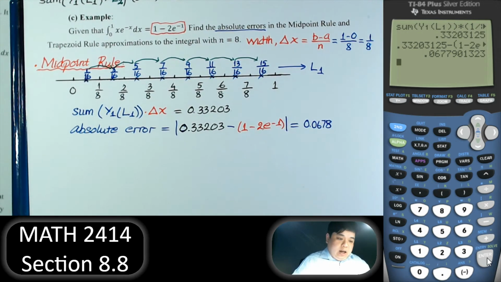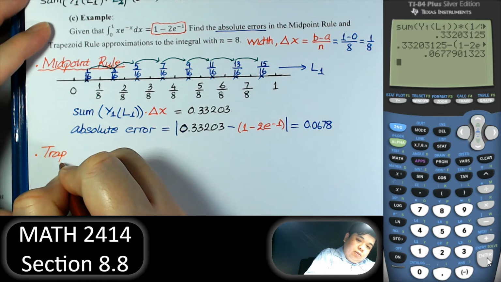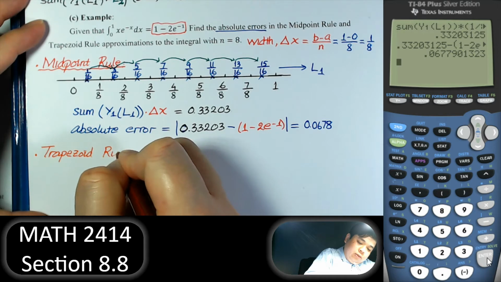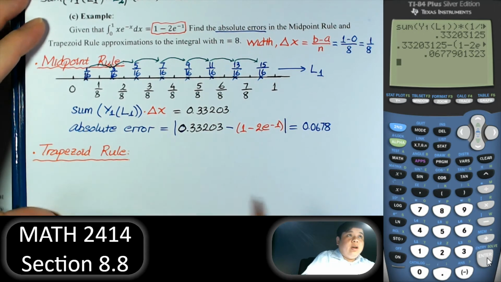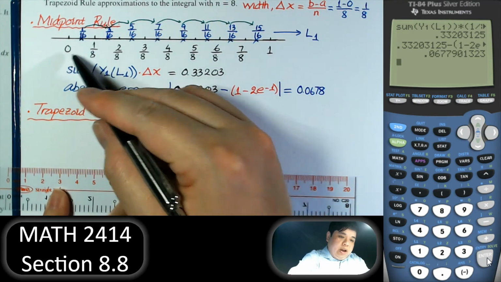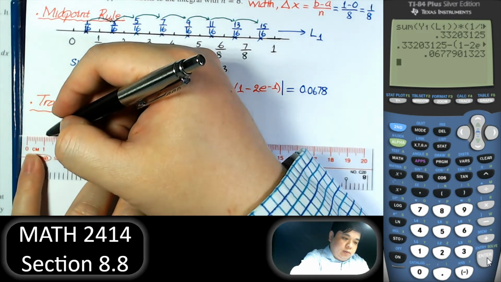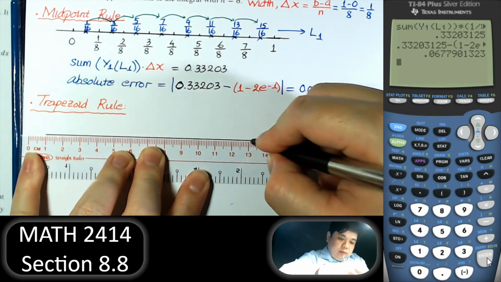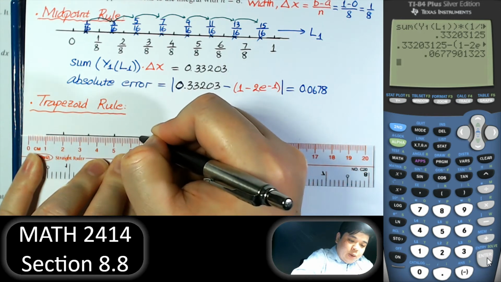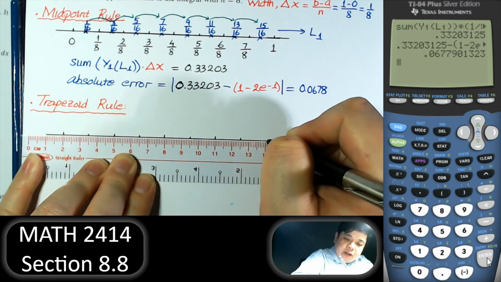Right. Next, we will have the trapezoid rule. First interval is going to be the same. So we're going to have this point. 2, 3, 4, 5, 6, 7, 8.